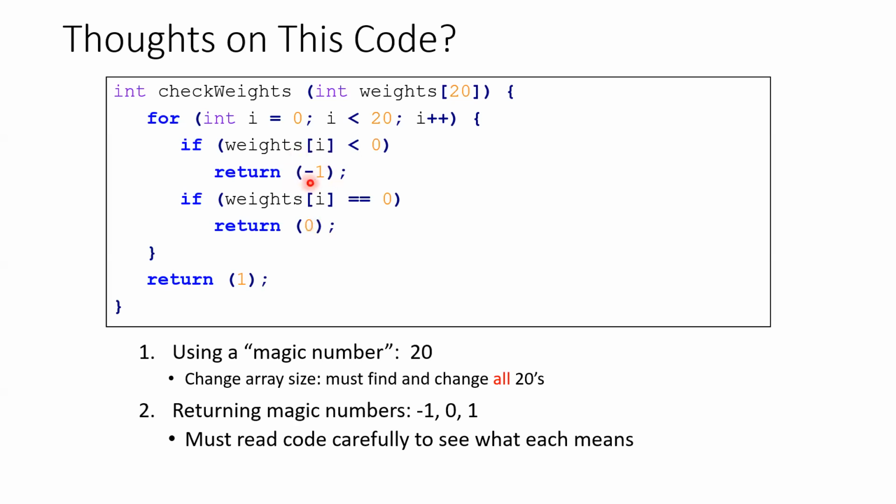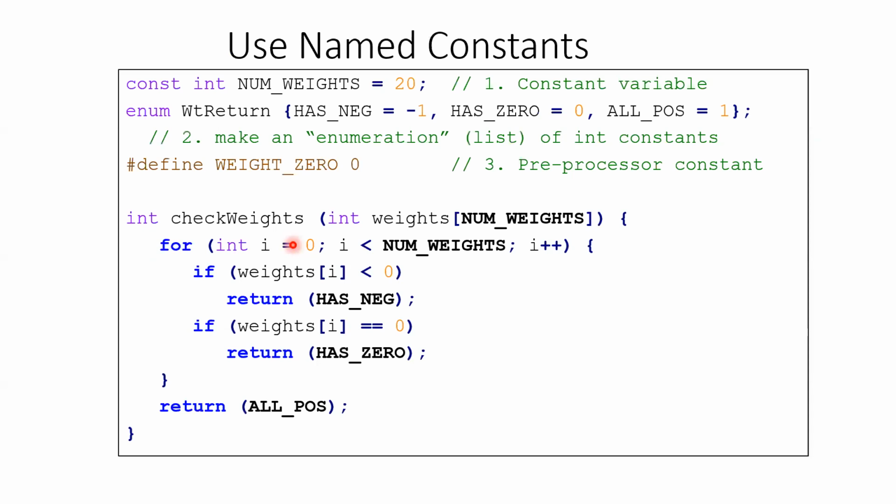So -1 means there exist some negative numbers. And same thing for 0. Returning 0 because there is a 0 in the weights. And it will only return the first one that it sees.